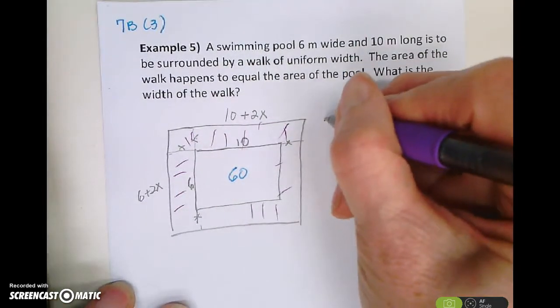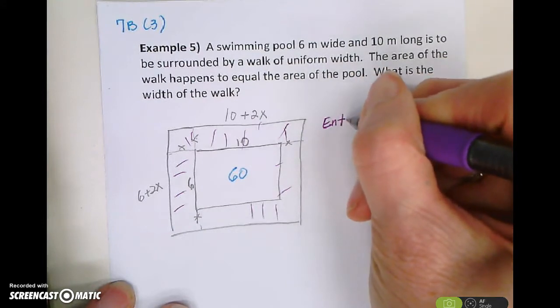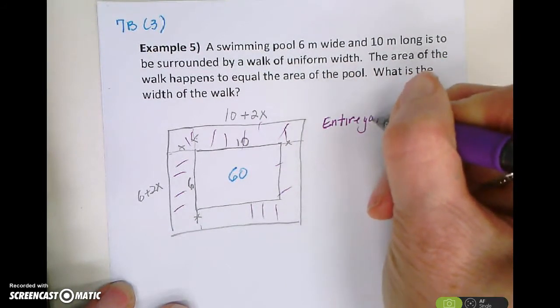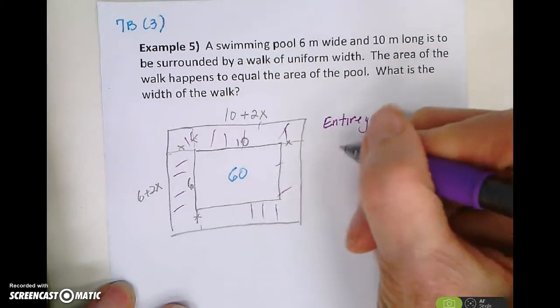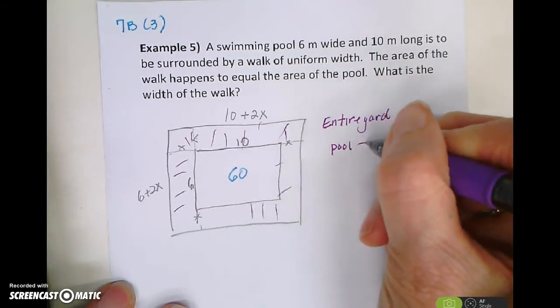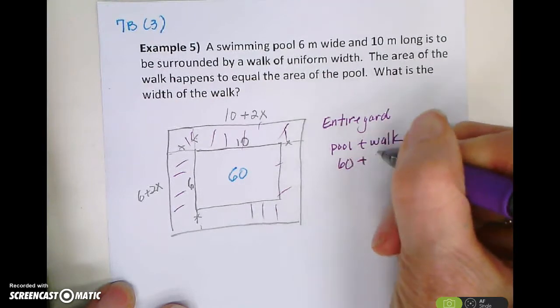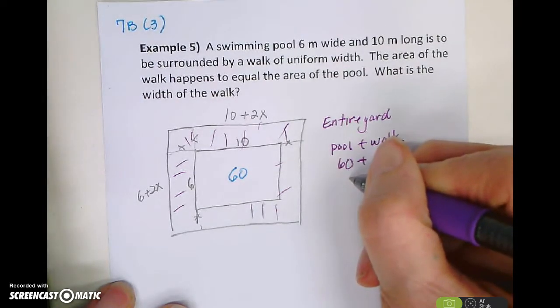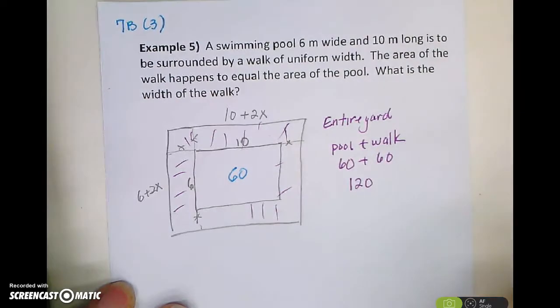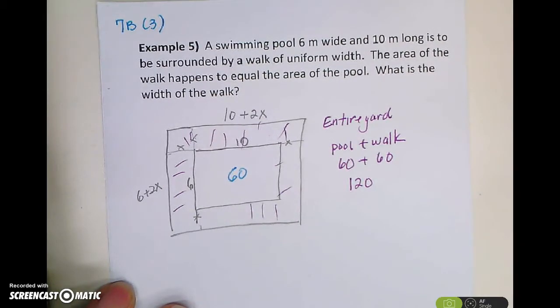So that means that the entire yard is made up of the pool plus the walk, and they're both 60. So the entire yard has an area of 120 square meters.